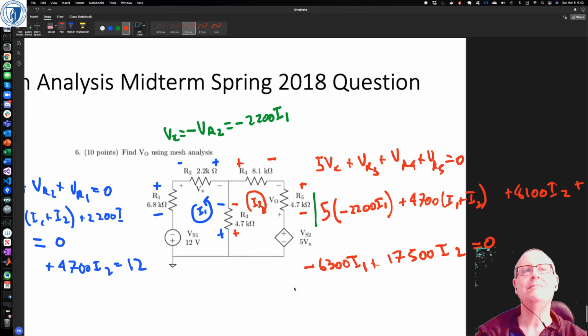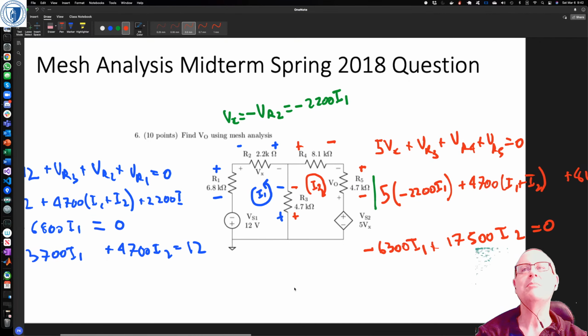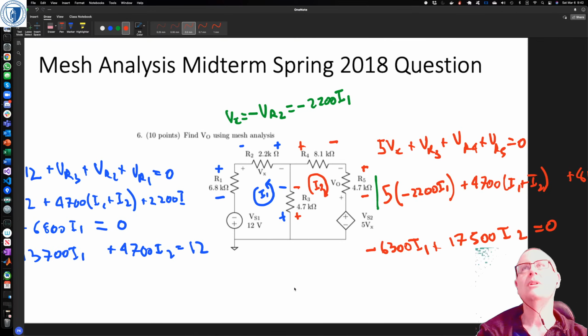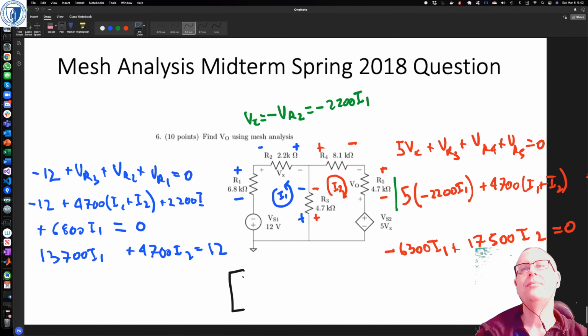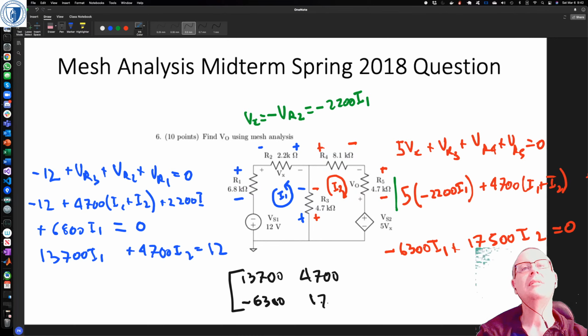Now we get a very similar matrix equation to what we had before, right? So it's 13,700, 4,700, minus 6,300, 17,500, 12 and 0.